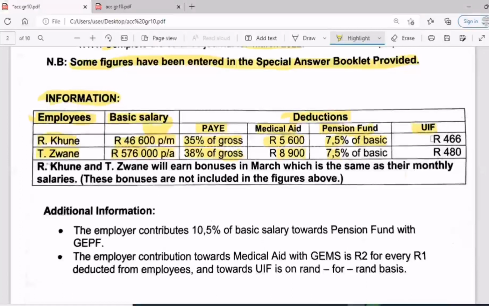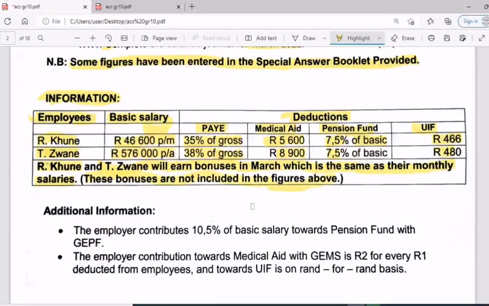And then the UIF deduction is 466 for Kune and 480 for Tizwane. There is additional information here. Kune and Tizwane will earn bonuses in March, which is the same as their monthly salaries. These bonuses are not included in the figures above.